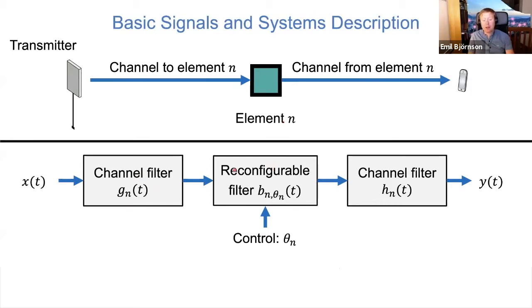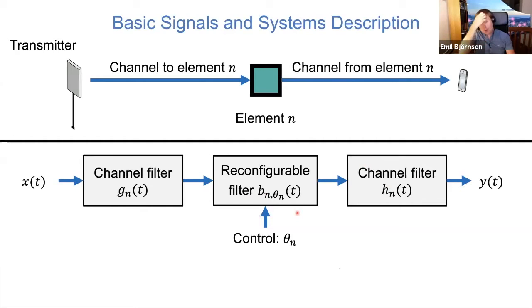The element here is a reconfigurable filter, so it has an impulse response, also depending on which element it is. Then you have a control variable theta n that you can control, to decide how the filter should behave under certain circumstances. Then you have a channel to the receiver, also described by an impulse response, h_n of t, and you have g_n of t. These two are given by nature, and this is what we can reconfigure.